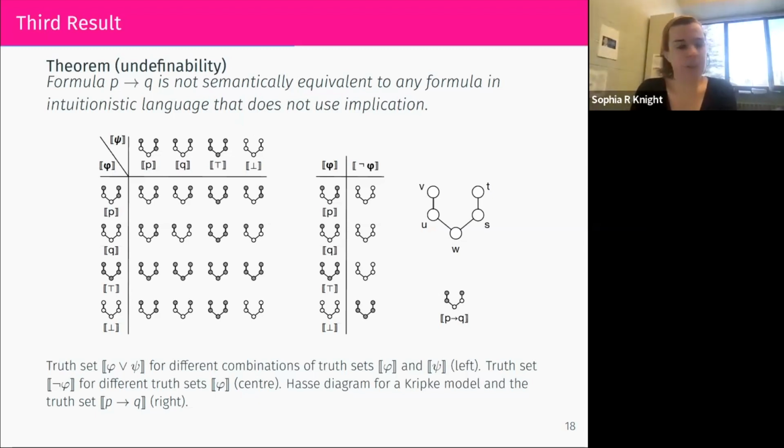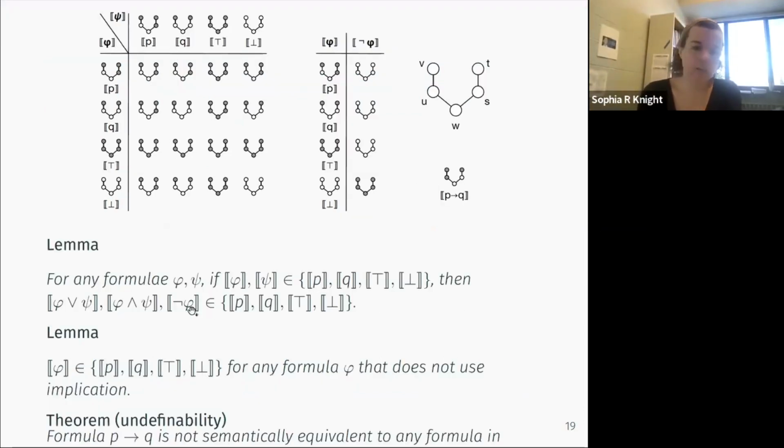With basic propositional logic, it does end up being an exhaustive search method, but with more complicated logics, we actually have to find the right specific basic propositions so that when we build up our truth set algebra that's closed under all of our other operators, we get a closed truth set algebra that does not include the operator that's undefinable, if that makes sense. And here are the formal lemmas and the final theorem, which I already explained to you.